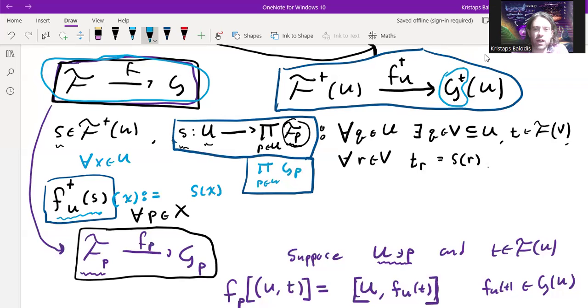So we know that S_x lands in the stalk of F at x. And now I also have this induced morphism on the stalks, right? And so I can apply that F sub x. And now that is going to be a thing that does in fact land in G sub x, right?